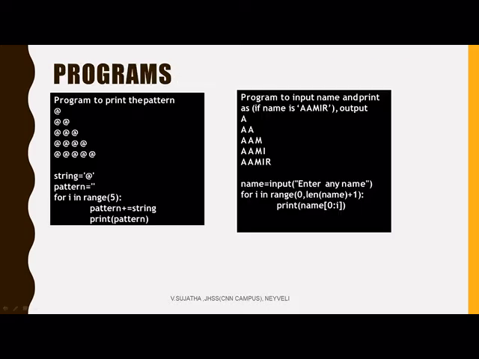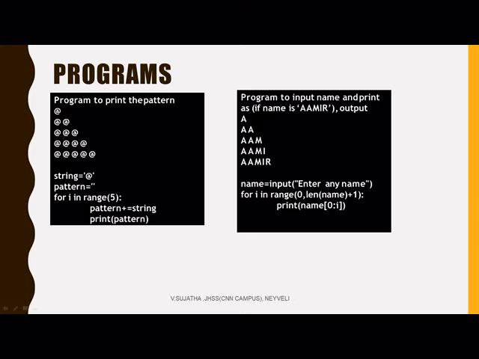This is the 0th position, then 1, 2, 3 like that. Whenever the i value becomes 2, 0 colon 2 means up to 1, so A will be printed. Like that it will print all the characters.